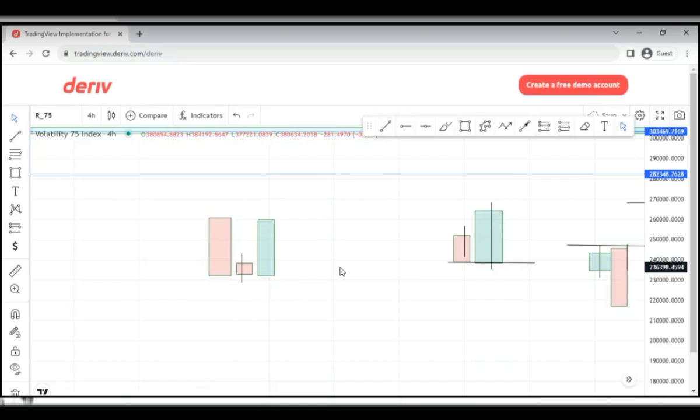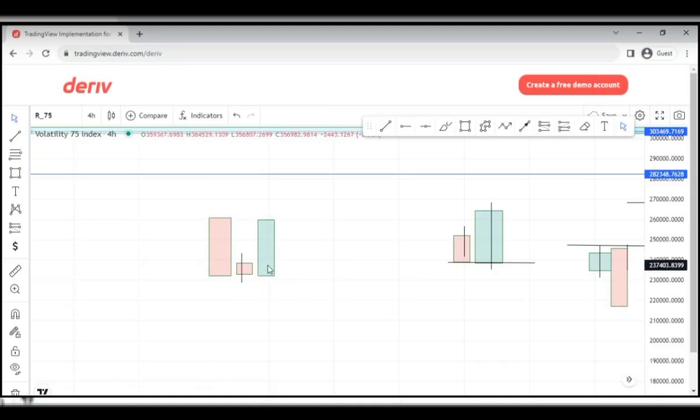This is a bullish pattern. It consists of a long bearish candle plus a small bullish or bearish candle, just very small, plus a bullish candle. Note that the third candle has to close above the middle candle.